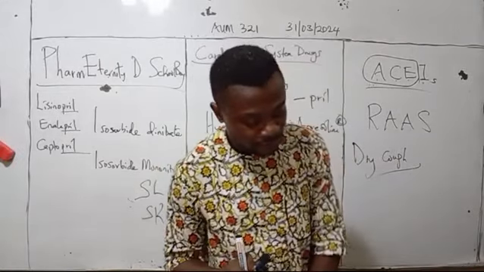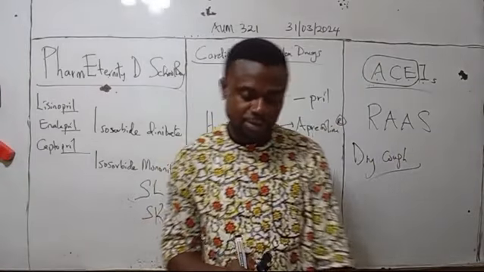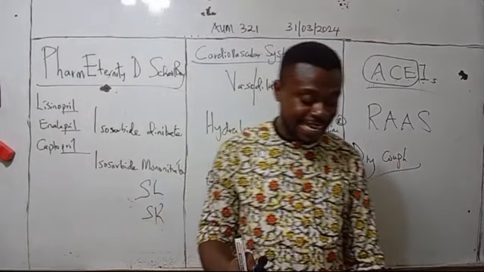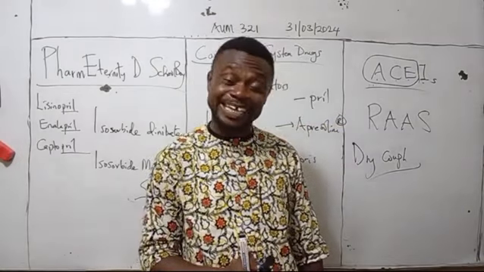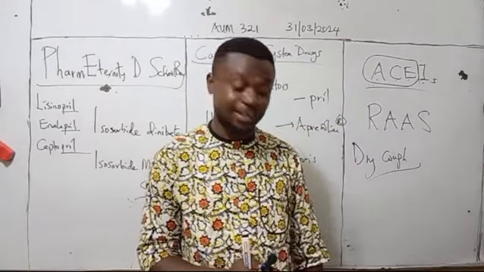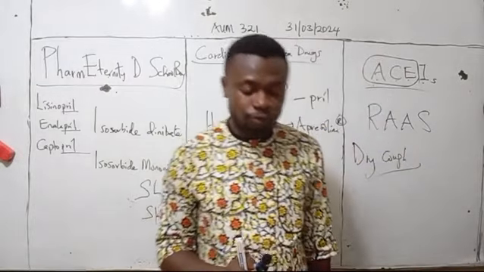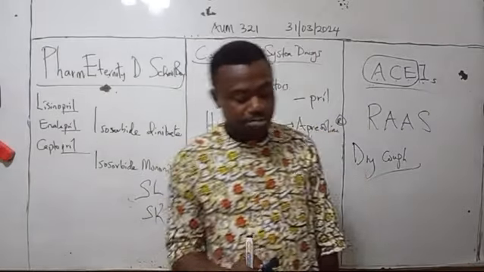So we have trandolapril 1 milligram with verapamil 240 milligram. We can also have trandolapril 2 milligram with verapamil 80 milligram. We have trandolapril 2 milligram with verapamil 240 milligram, and trandolapril 4 milligram with verapamil 240 milligram.